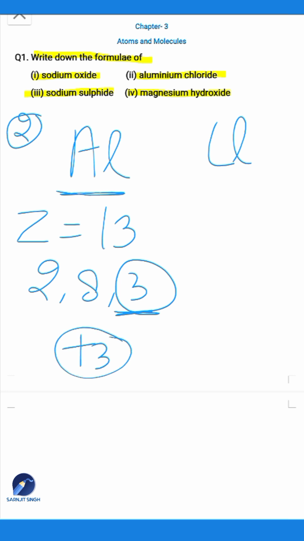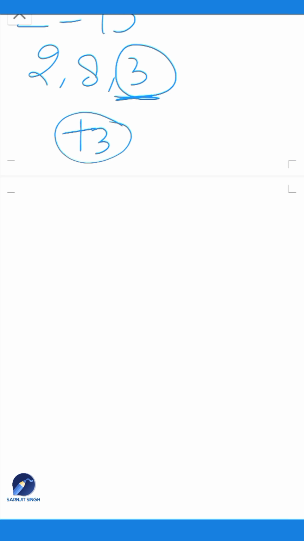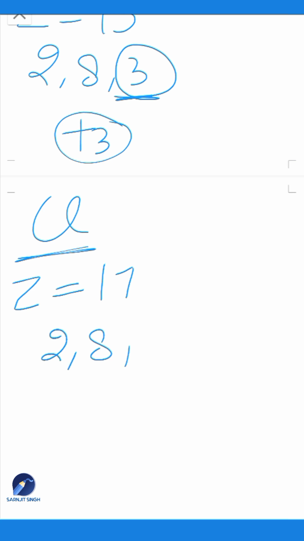Now chlorine: for the chlorine atom Z is equal to 17, the atomic number is 17. The electronic configuration is 2, 8 and 7. That means in the first shell 2 electrons are there, in the second 8, and in the last 7 electrons.